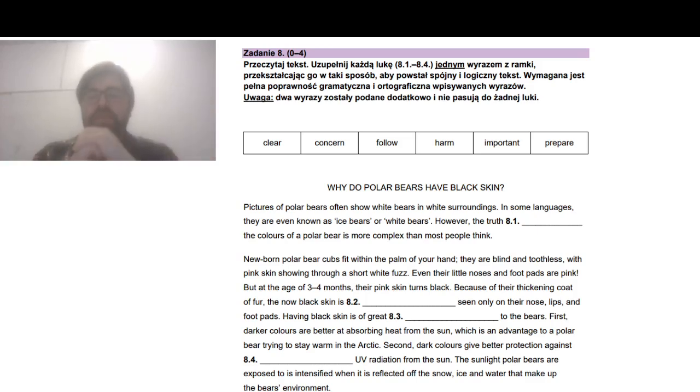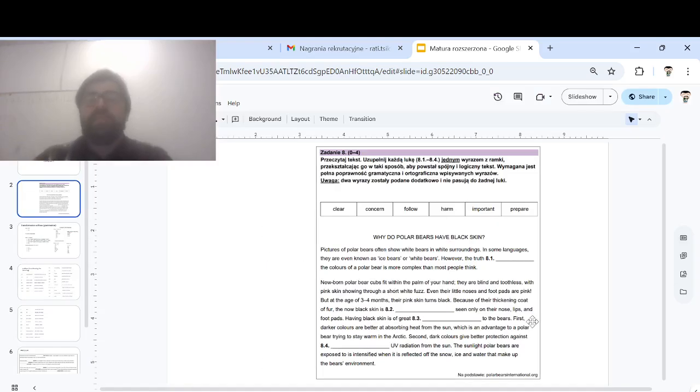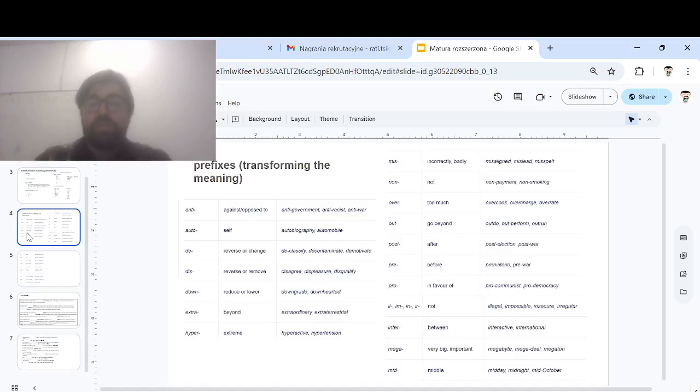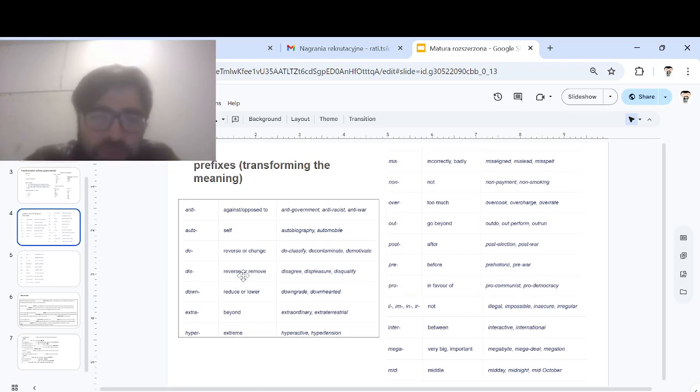Okay, so in this case, as I mentioned before, all of the words needed suffixes only. All of the transformations were connected to grammar. But there might be cases where you will also need to use prefixes to transform meaning. When it comes to prefixes, some of them are quite similar to Polish. For example, anti, like, or auto, by yourself, extra, quite visible, right?